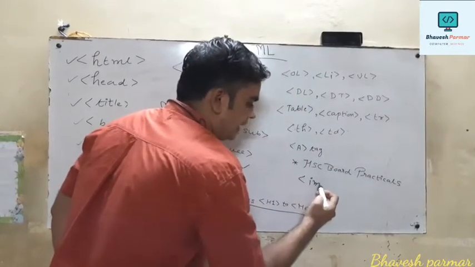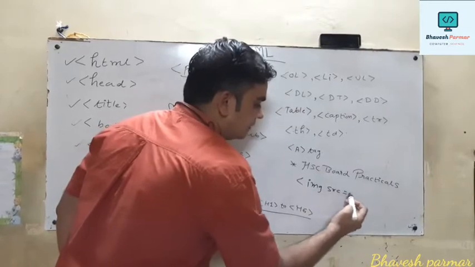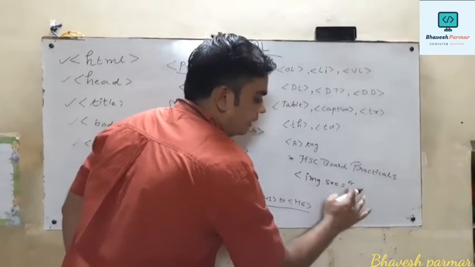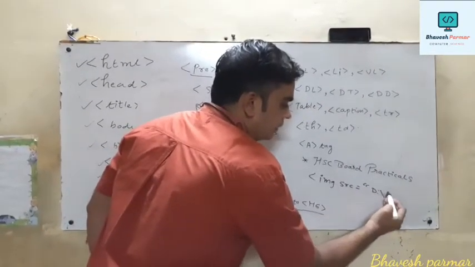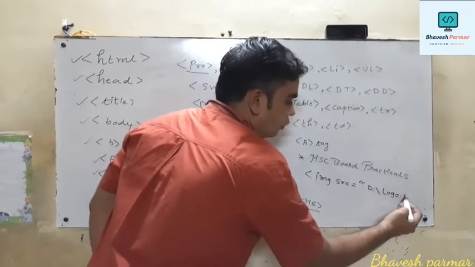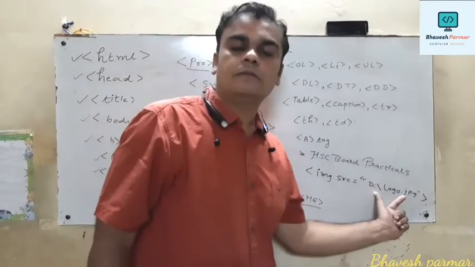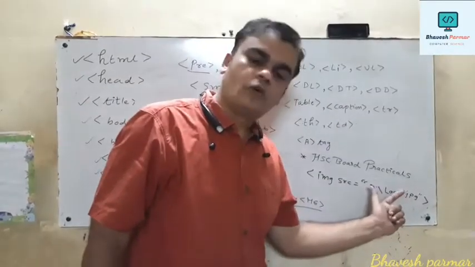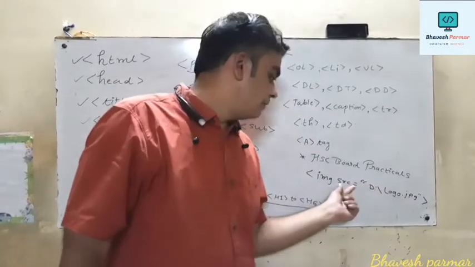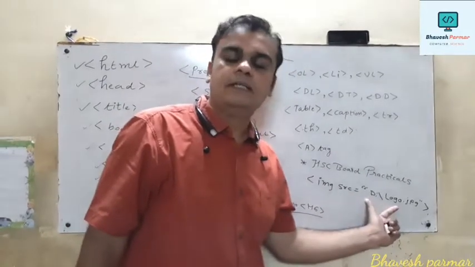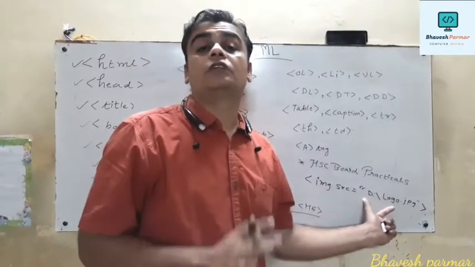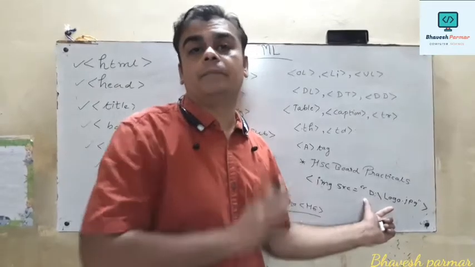Suppose I am using IMG SRC, then in double inverted commas I have to specify the path, for example logo.jpg. This SRC represents the actual path of that particular image. If I do not mention the path properly, it will not show the image on your web page.